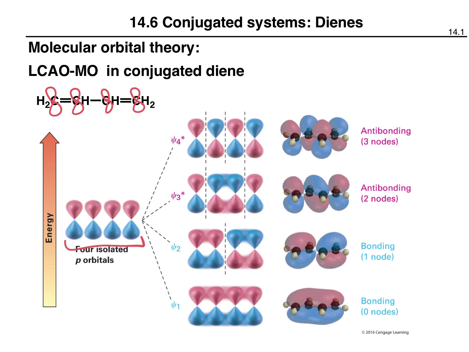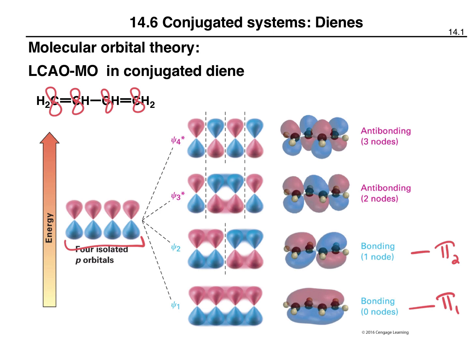So the first one has no additional nodes, so this is a pi bonding orbital, and we can call this one pi 1. The next one, we have 1 additional node, so it's a little bit higher energy than pi 1, but it is still a pretty good one. It is still a bonding orbital. This one is called pi 2.